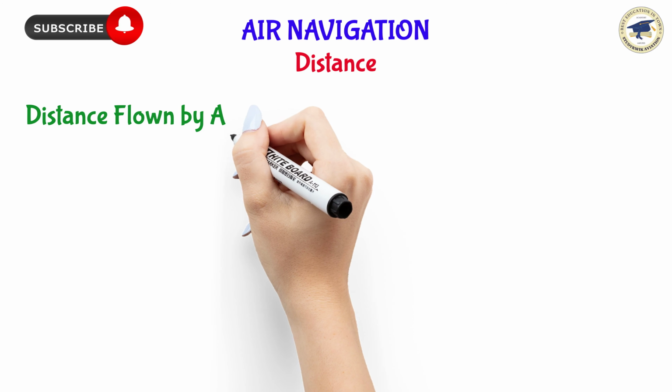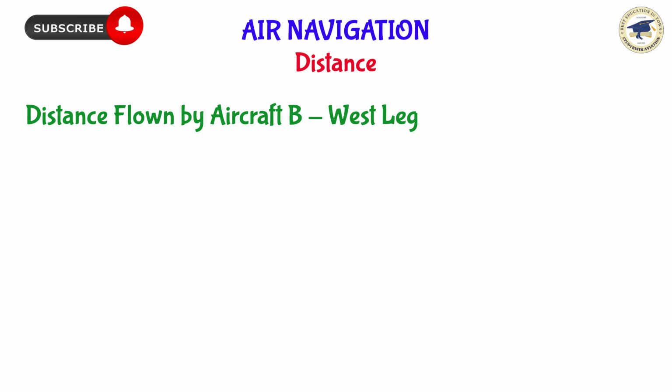Aircraft B now flies west, starting from 2 degrees east longitude to 8 degrees west longitude. That is a change of 10 degrees of longitude along latitude 51 degrees north. To calculate the distance flown, we multiply the change in longitude by 60 and then by the cosine of the latitude.